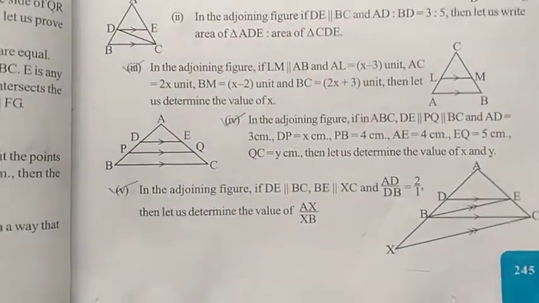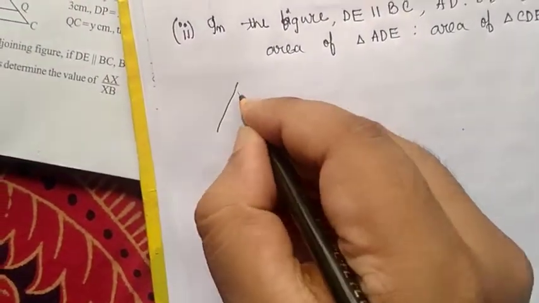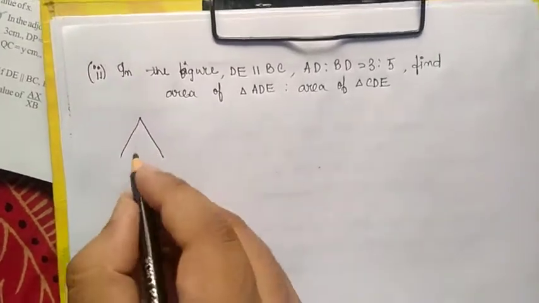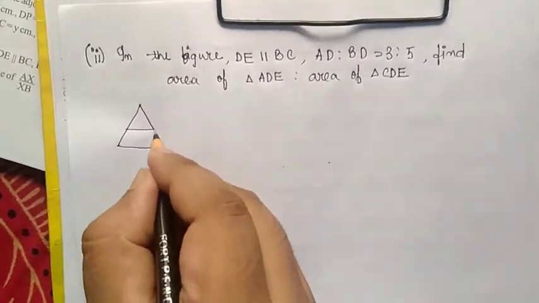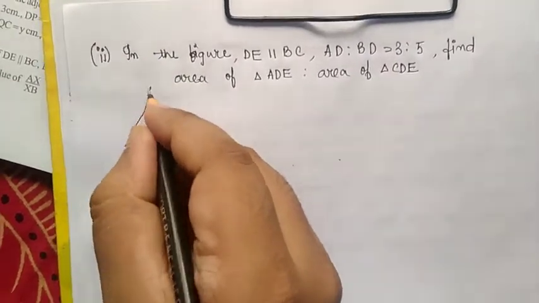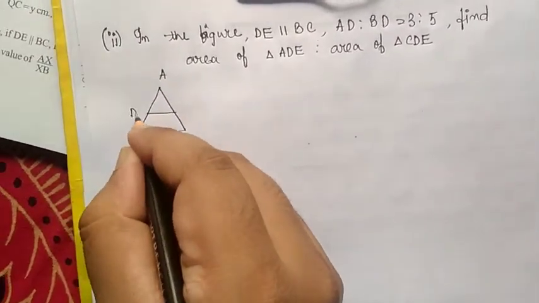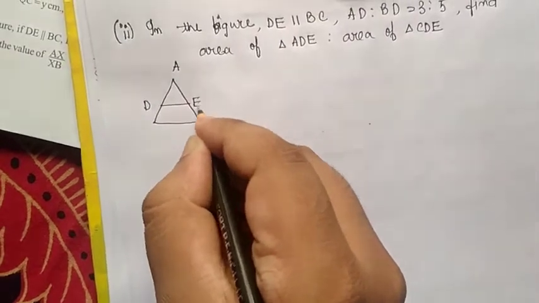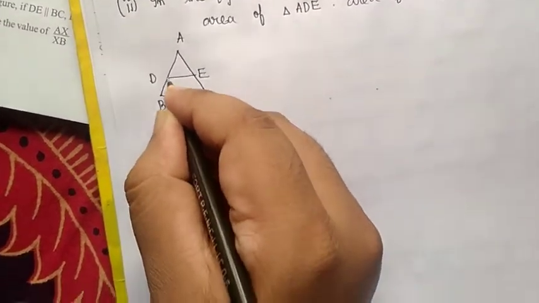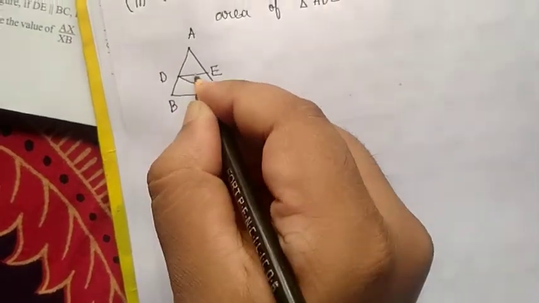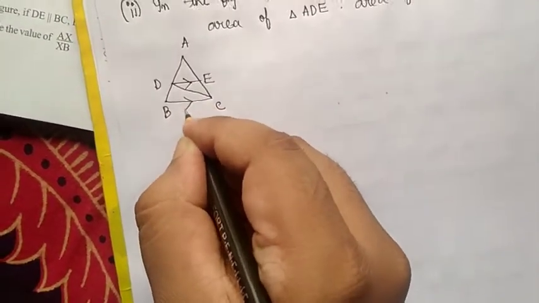So first of all we have to draw the diagram: A, D, E, B and C. Join D and C, and these two are parallel lines.